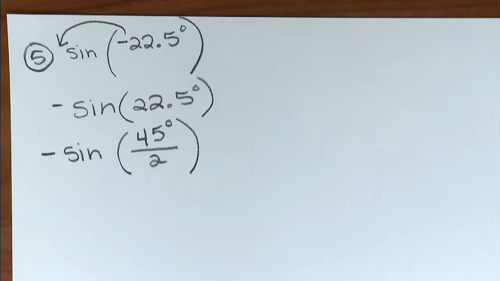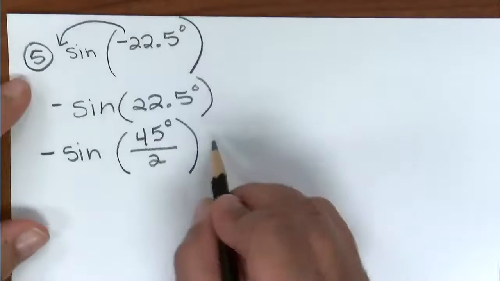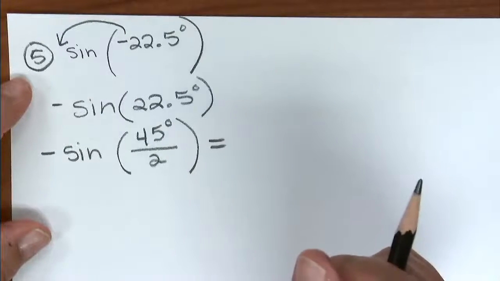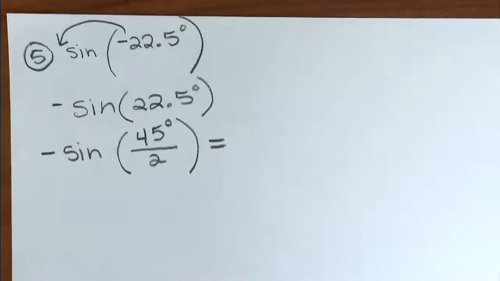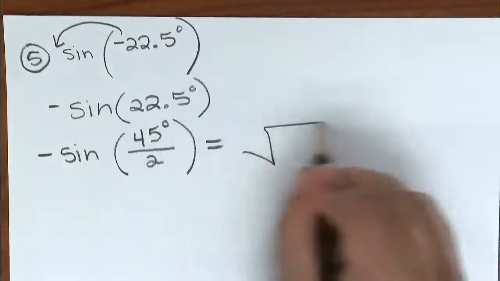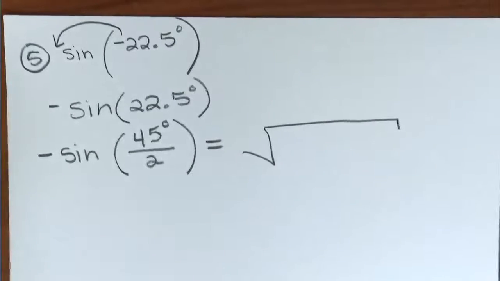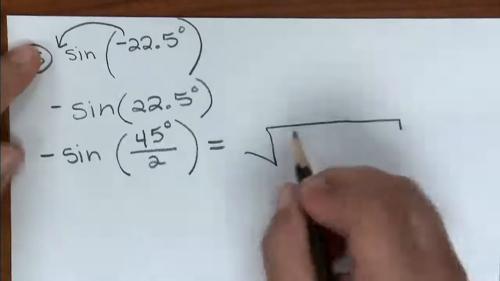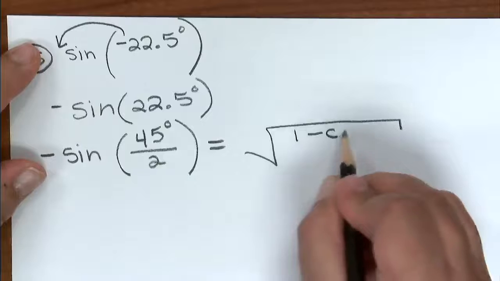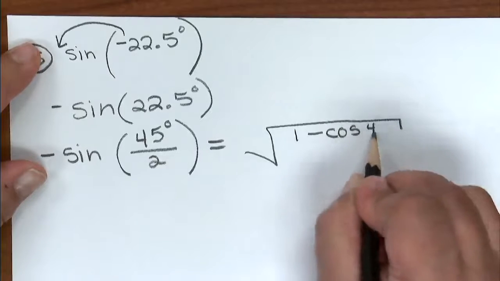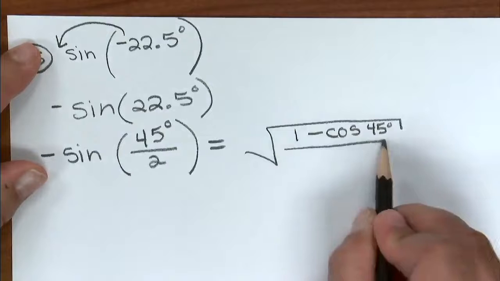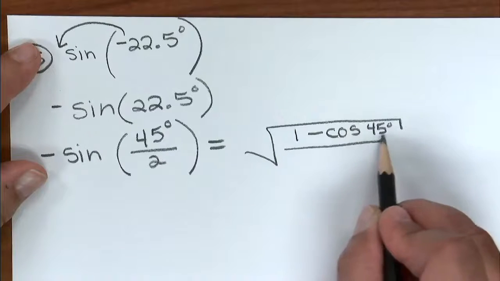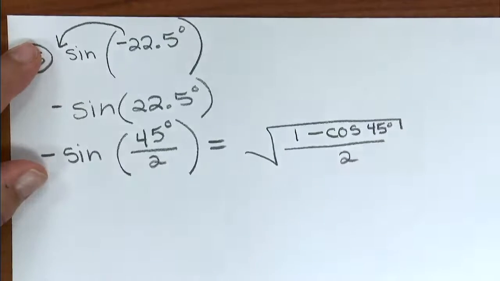Let's write the formula that goes with it. Okay, so when you are cutting an angle in half, all right, let's think about this. Okay, so for the sine formula, it is 1 minus cosine. So 1 minus cosine of the angle you're cutting in half. And then instead of the half being underneath the 45, it's now down here. That's what those formulas do. Now we got to pick the plus or minus.